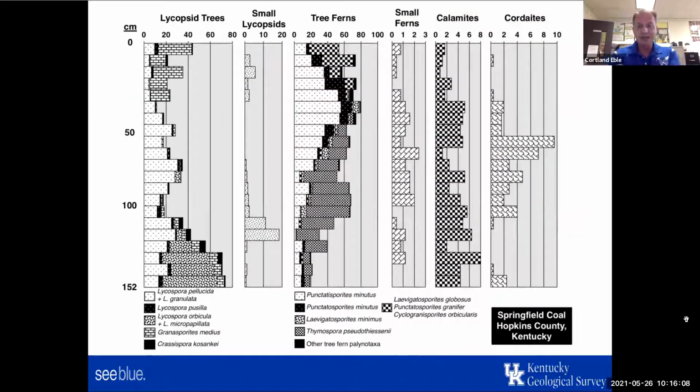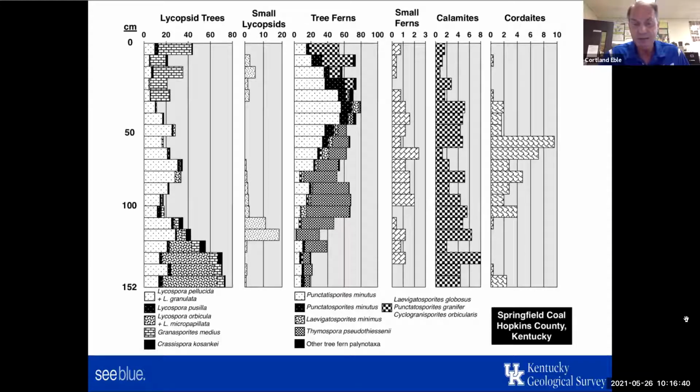This is just an example of one of the Carbondale coals. This is the Springfield from Hopkins County, Kentucky. I've taken the 152 centimeters and lopped it into 26 different sampling intervals. You can see that at the base it starts out with a lot of Lycospora orbicula or micropapillata, indicating that Paralycopodites was probably important in this part of the bed.